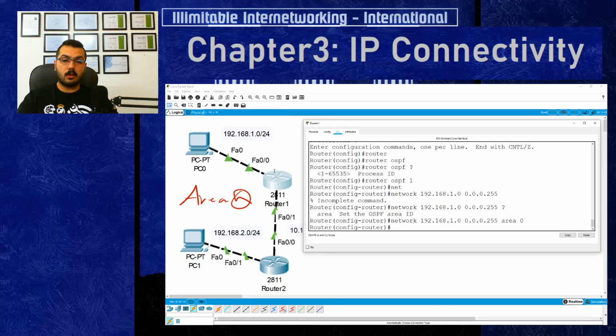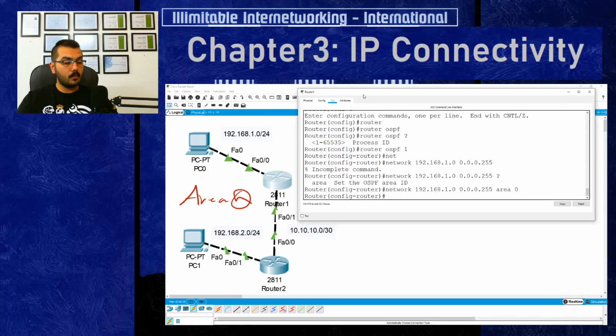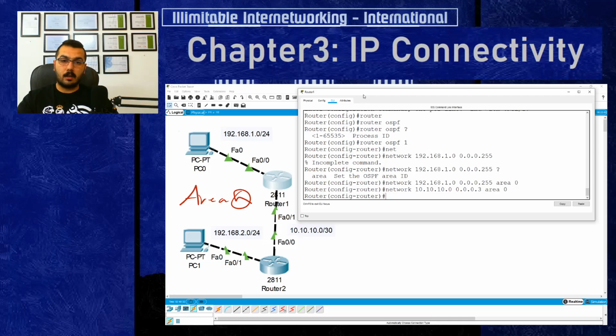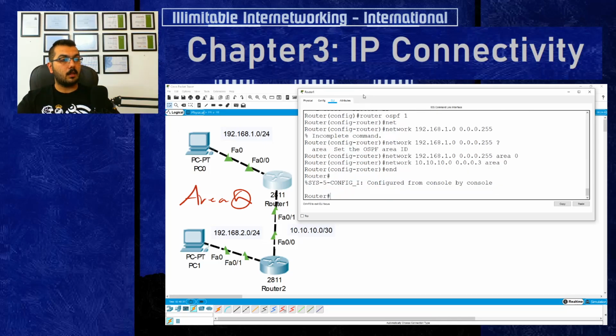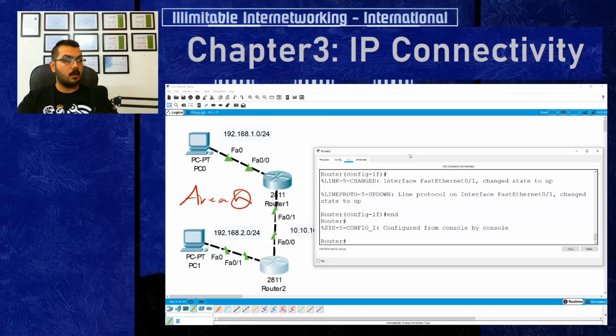The second thing to advertise is the other network that is connected to me. This will be network 10.10.10.0 with the wildcard mask 0.0.0.3, and of course under the same area so they can communicate together. And that's it. I'm done. I have finished OSPF. Thank you. And I will go to the other router.